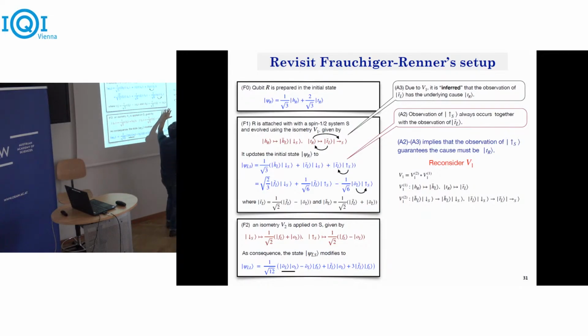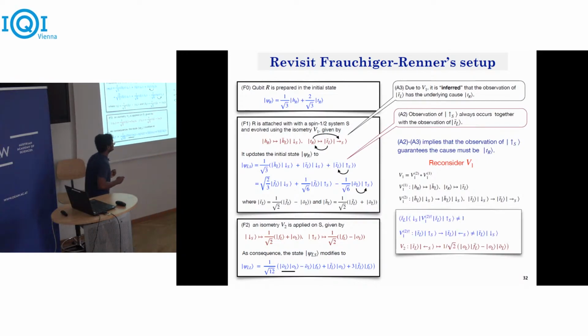And for that, I essentially broke this isometry into two different parts, where the first one is just changing the space, and the second one is a controlled unitary kind of operation, which is exactly similar to the first example that I had considered. Whenever my HL is there, this spin does not change, but whenever it is TL bar, it goes to an equal superposition of up and down.